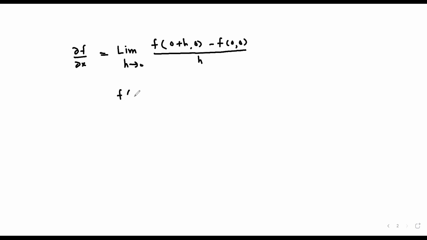So partial f by partial x is equal to the limit as h approaches 0 of f of (0 plus h, 0) minus f of (0, 0), divided by h. Now we calculate first f of (0 plus h, 0), because we are calculating the derivative at point (0, 0).